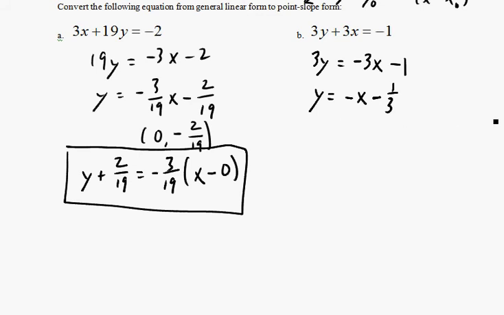Here we have the equation in slope-intercept form, and we know that the slope is negative 1, and we know that the coordinates of a point are 0, negative 1/3, which happens to be the y-intercept of this line.